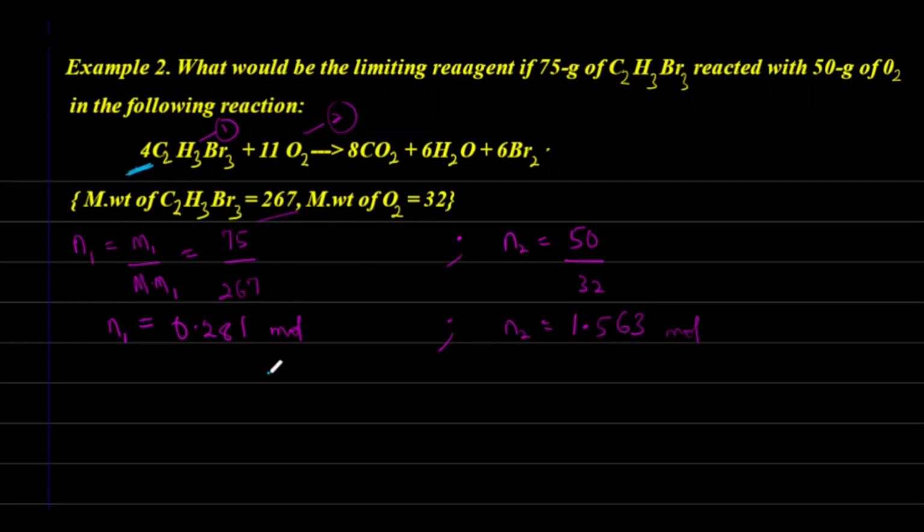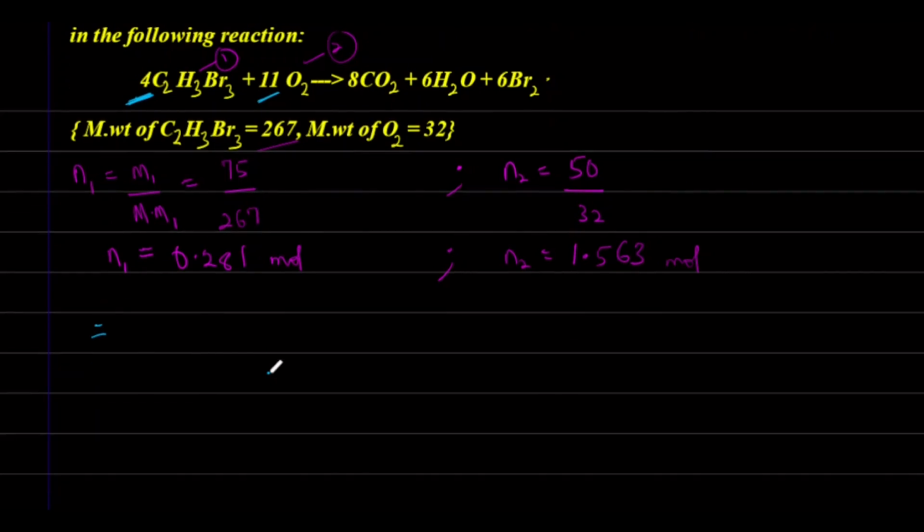The stoichiometric coefficient of the first reactant is 4. Then for the second reactant, its coefficient is 11. So let's get the value. Its number of moles is 0.281 divided by 4. Get the value.